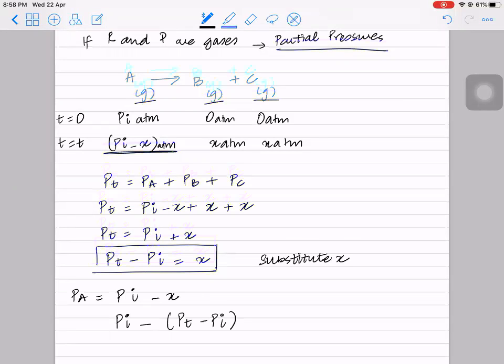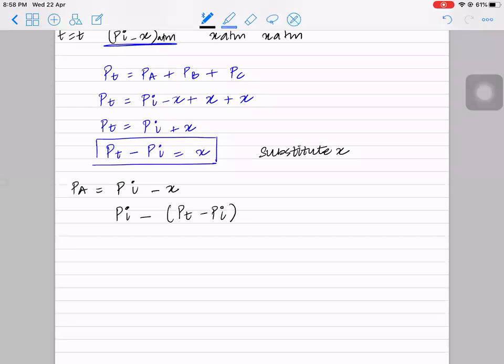So the partial pressure of A at time t would be equal to 2Pi minus PT. I can simplify this and that will be 2Pi minus PT.